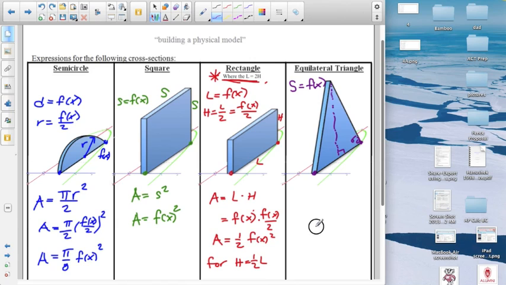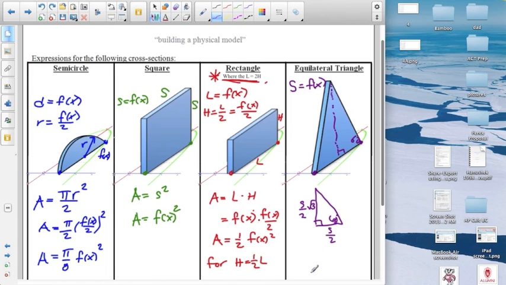Okay, so if we have our 30, 60 triangle here, then this is s over 2, and this altitude here is going to be the square root of 3 times that. So s over 2 times the square root of 3.